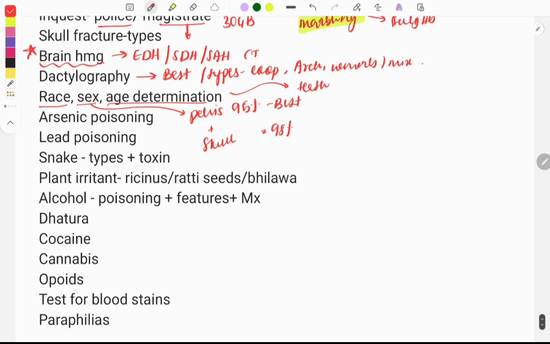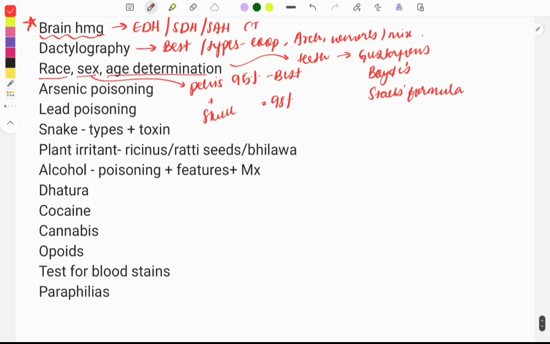So there are various one-liners asked from this, like Gustafson's criteria, then Boyd's criteria, then the Stack's formula. So you need to know when each of these is used.